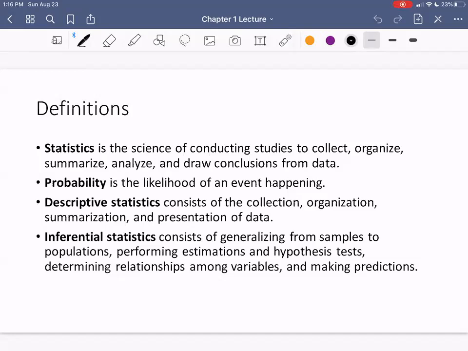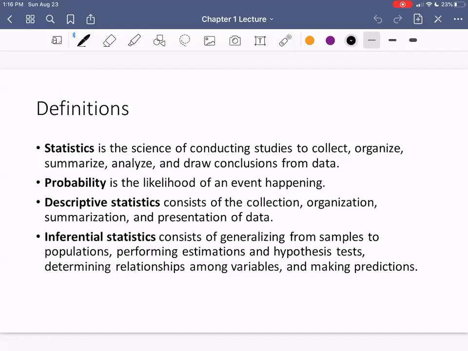Then we're going to look at the two different types of statistics first: descriptive and inferential. The really big difference is that descriptive is using things that were collected as data during the process. So these are true facts, things that were collected and known to be true, whether they were collected during the study or maybe outside the study.